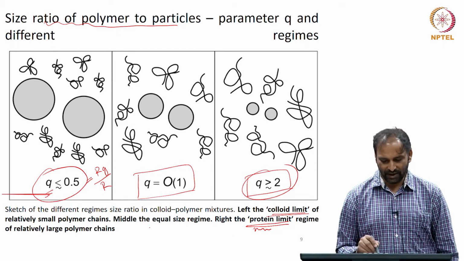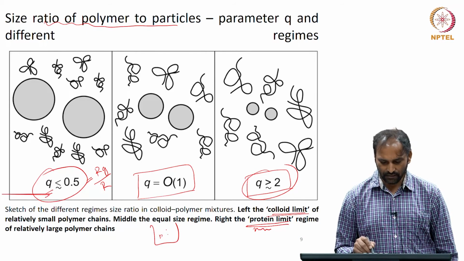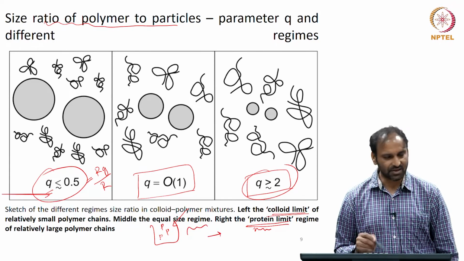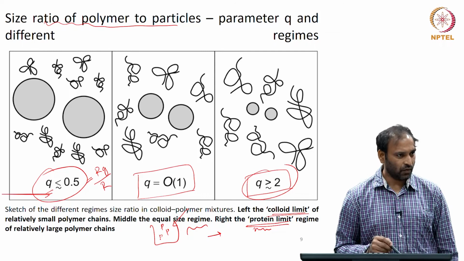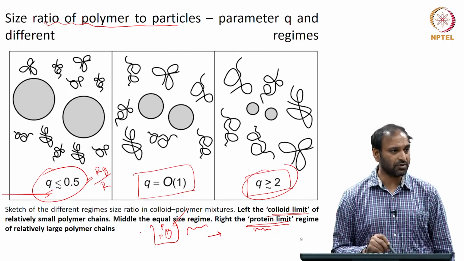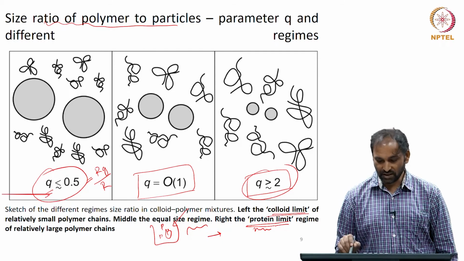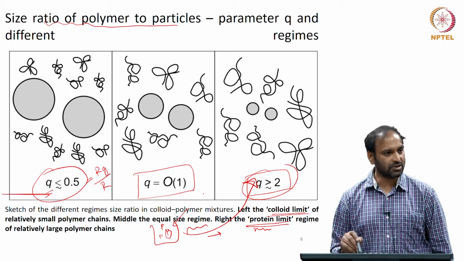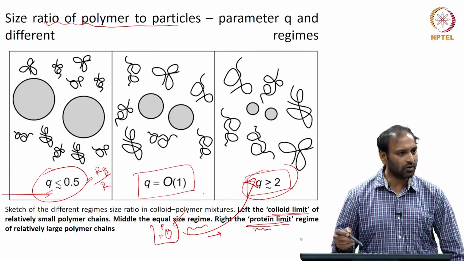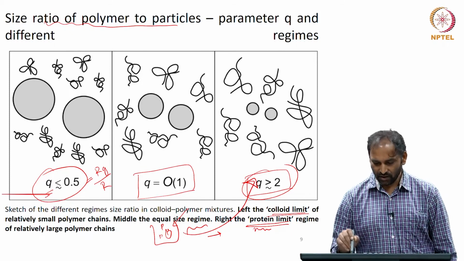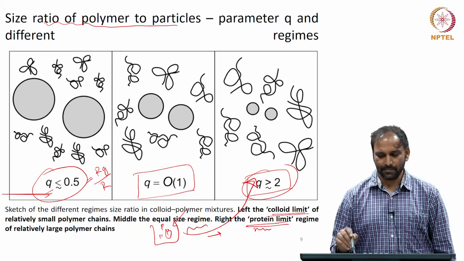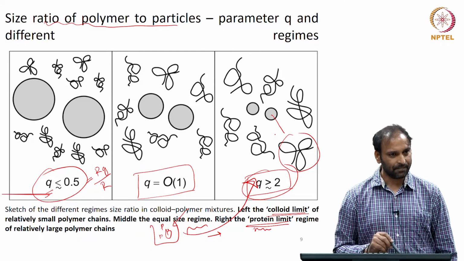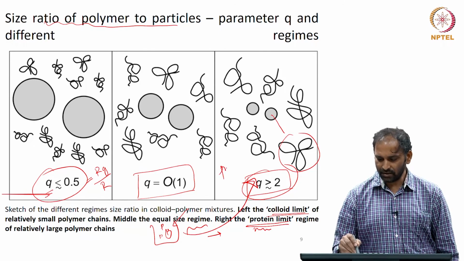That means I have a solution of protein, I add a polymer, and I would like to crystallize protein out of the solution. When that happens, the sizes of protein molecules are much smaller compared to the size of the polymer, so it will invariably fit into the Q much larger than 1 case. So if the size of the polymer is much larger than the size of the particle, which is what is depicted in this cartoon, that is what is called a protein limit.